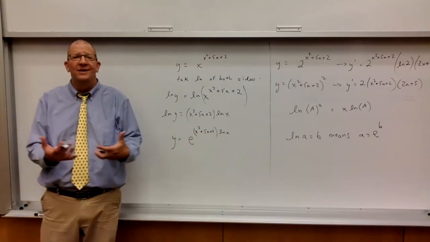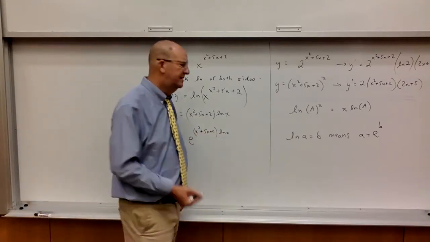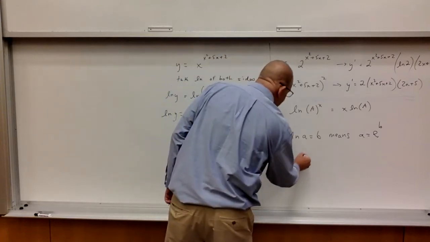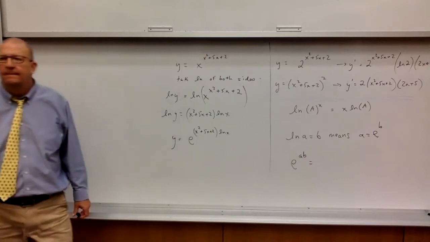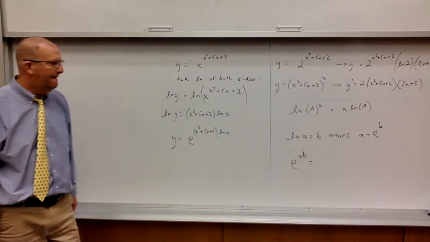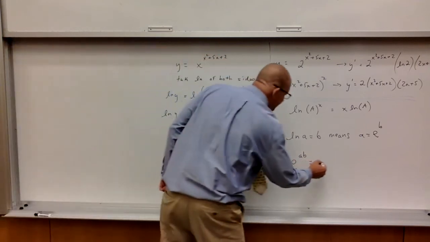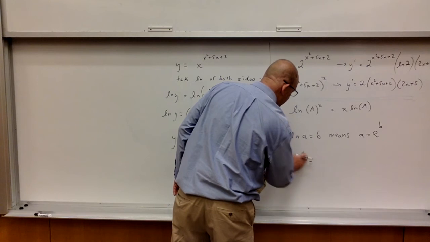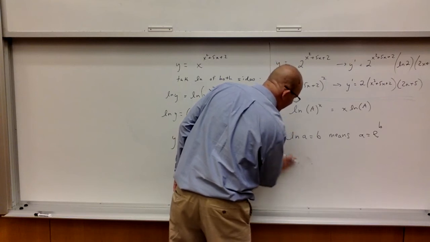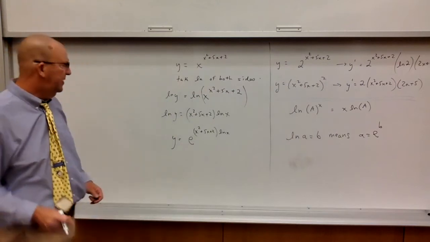I keep remembering little pre-calculus rules. How about some exponent laws? How about if I give you e to the AB? We don't need to know that. e to the A to the B power. I think we're okay here.